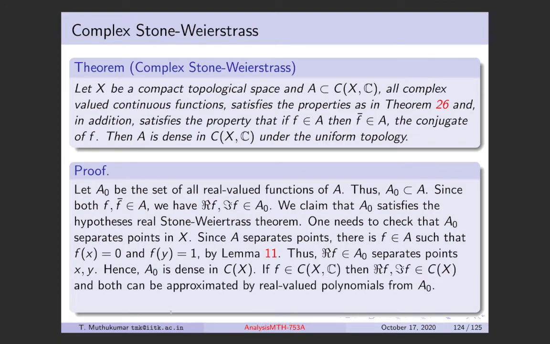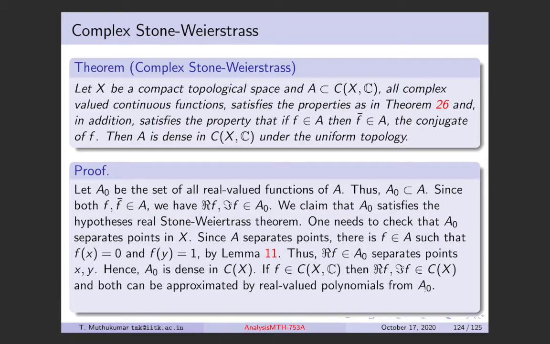So if f is a complex valued function, then the real part of f and the imaginary part of f belong to the real valued continuous functions, right? And A0 is dense in the real valued continuous functions. Which means that the real part of f and the imaginary part of f can be approximated by real valued polynomials from A0, right?